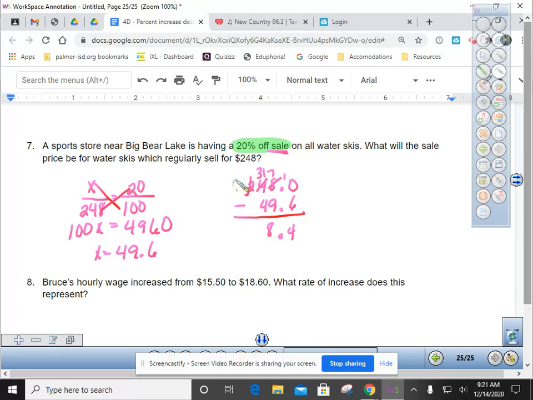No, 198. Oh yeah. So if it's money, it's $198 and what? 40 cents. Good. This is easy, kinda. Number 8.